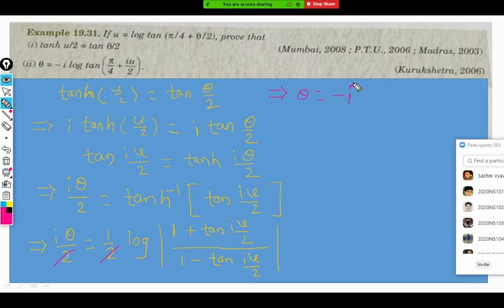So the resultant thing we get is theta is equal to minus iota. Directly can I write this? Are you getting this step? Multiplied both sides by iota, so here is iota, this i square is minus one, and that minus sign I have taken on the RHS again. This one, log of this part.